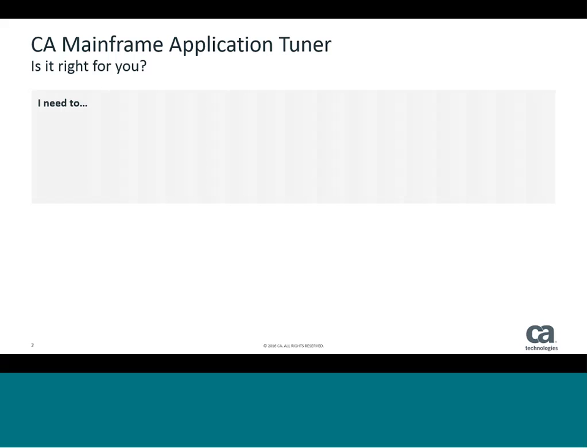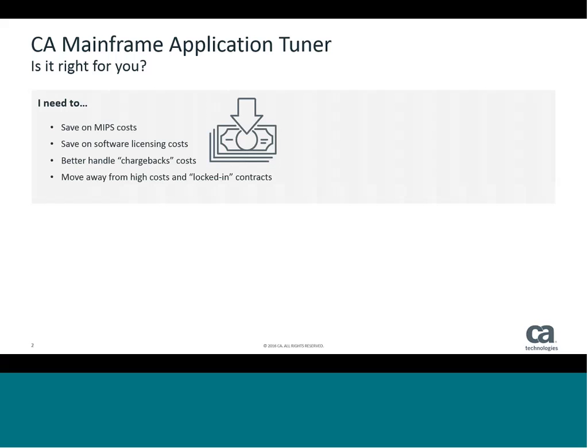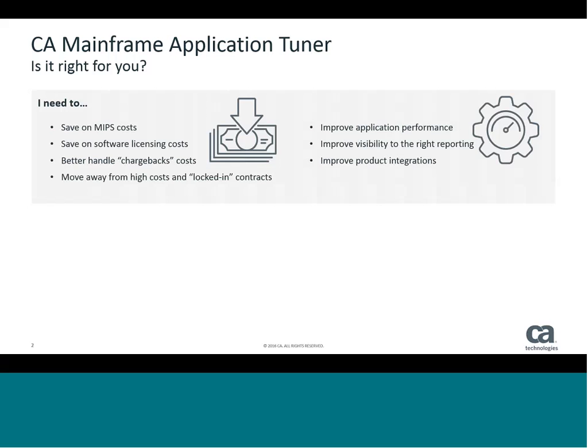Saving on cost is definitely a big one here, and this might come through reducing your MIPS costs or saving on your software licensing costs. All of these are very much applicable to CA MAT. But on the flip side, improving your application performance is also very key with this tool.